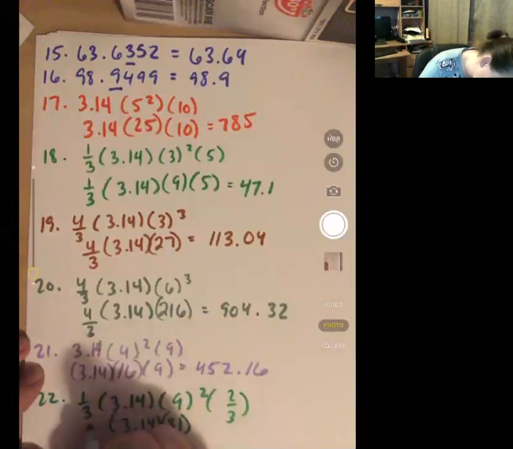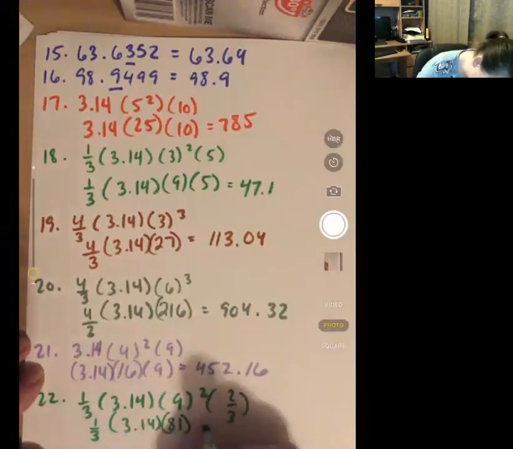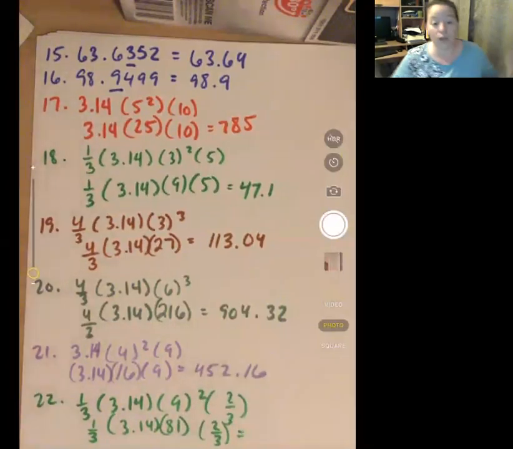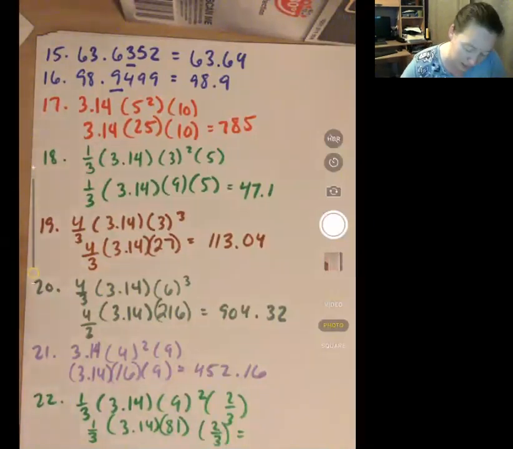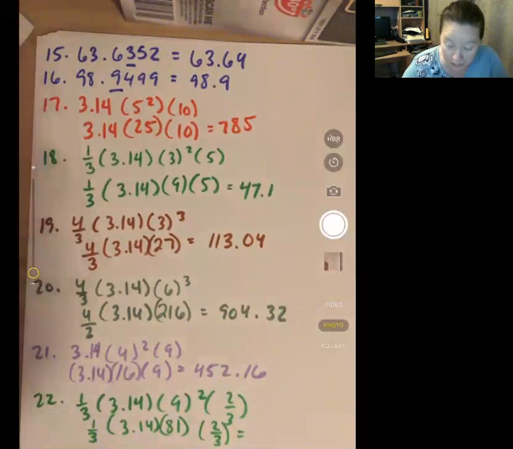All right, so let me get all of this rewritten. Once again, we are multiplying all the numbers on top. So 1 times 3 14/100 times 81 times 2 divided by 3 divided by 3.